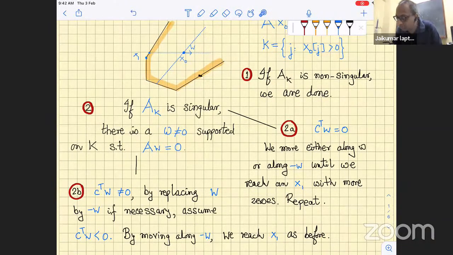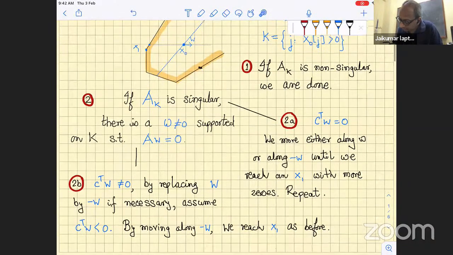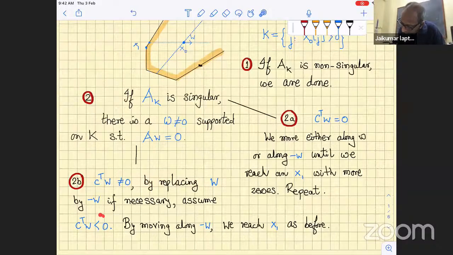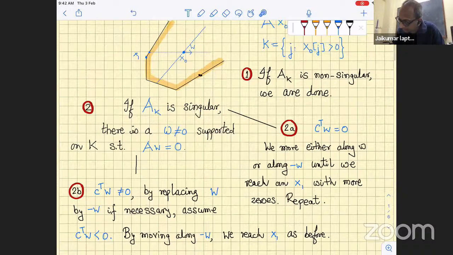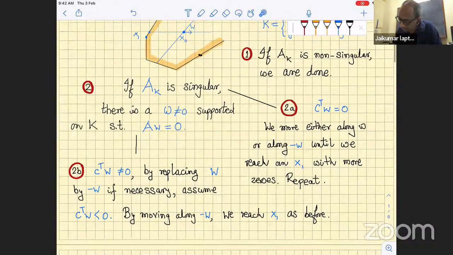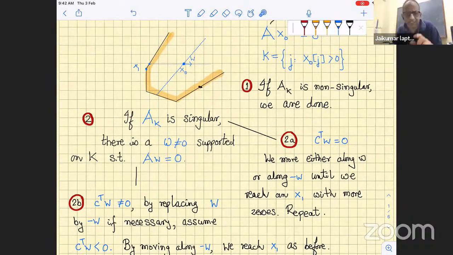Let us assume that the objective function value actually reduces in the direction W. That means if you move in the direction minus W, the objective function value increases. If you move in this direction, the objective function value reduces. Otherwise we will just take W and use minus W.